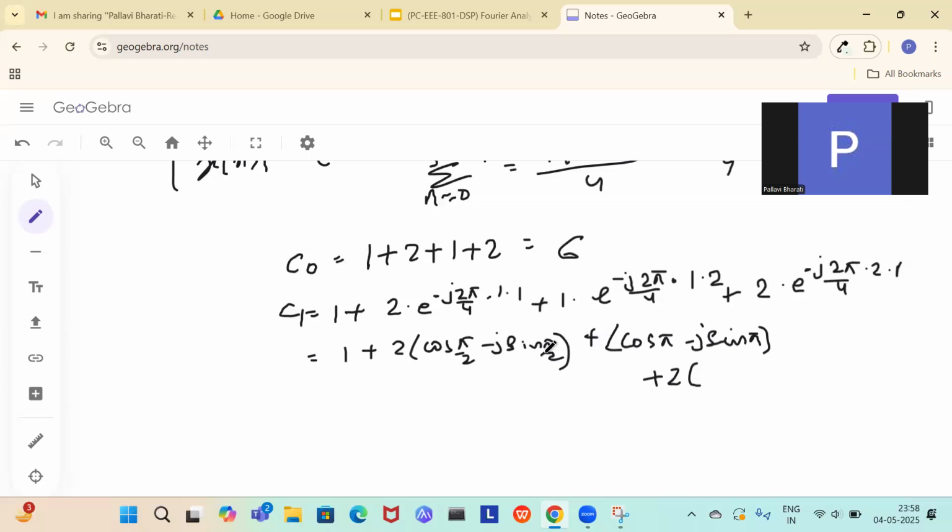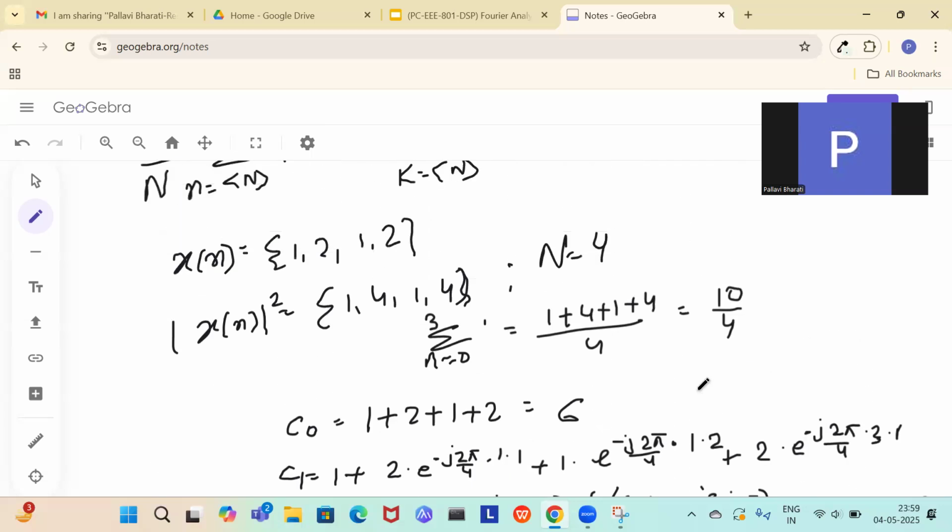Plus we have 2 into, again, this part over here, n is 3, so this becomes cos 3 pi by 2 minus j sin 3 pi by 2. So this way you will first find C1. Same way you are going to find C2 and C3.